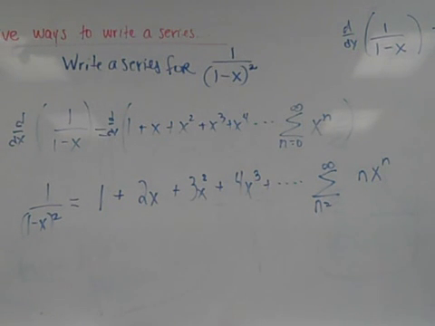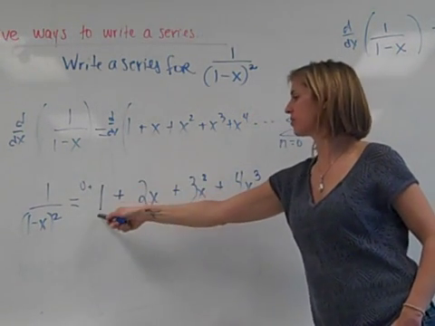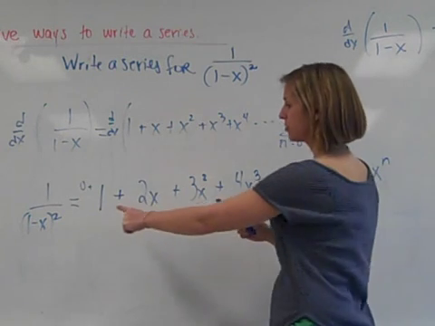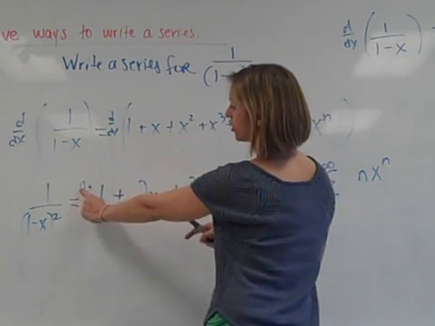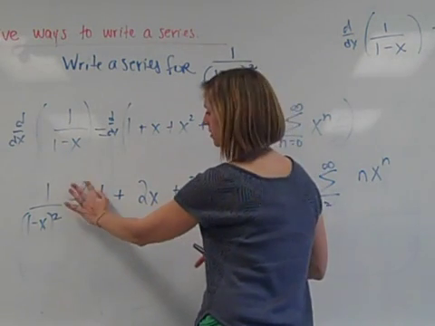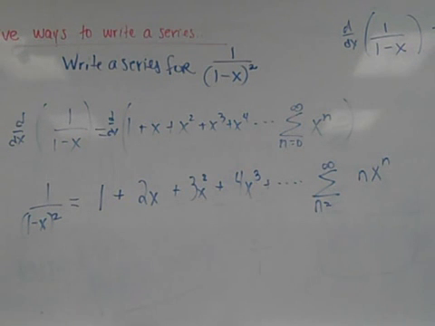Wait, isn't the derivative of 1 0? Yep, so it's like 0 plus 1, because the derivative of x is 1. This 1 is the derivative of the x. Would the first term be 0 or 1? The first term will be 1. I don't need to put the 0 in. I would go n plus 1. Yeah. I did this one as n minus 1, because isn't this the power rule anyway?